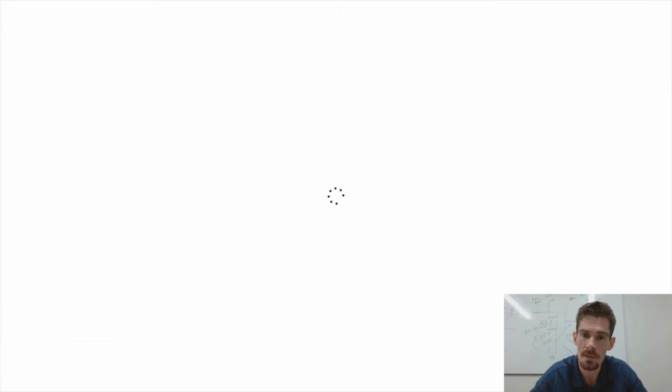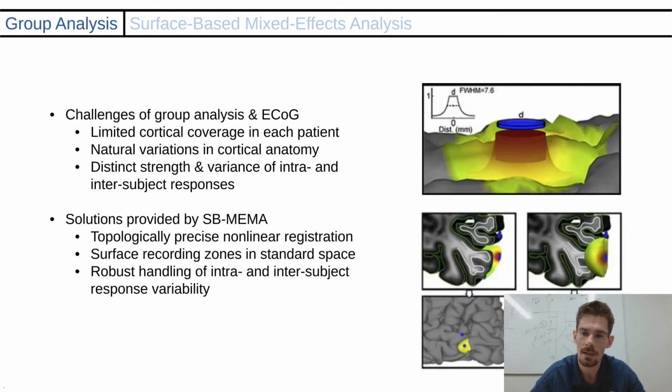In order to probe this, we need to address some of the basic limitations of intracranial recordings. Some of the most well-known challenges and limitations of intracranial EEG are limited cortical coverage and natural variations in anatomy. So our lab has developed a surface-based mixed effects multi-level analysis, or SBMEMA, which yields topologically precise non-linear registration of the electrodes on the surface of individual patients.